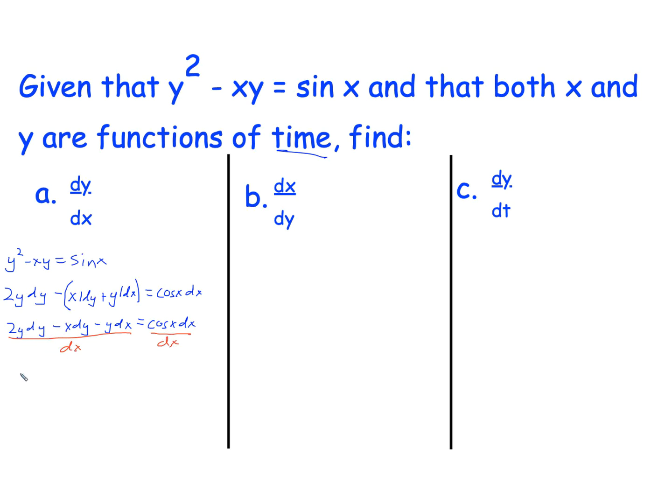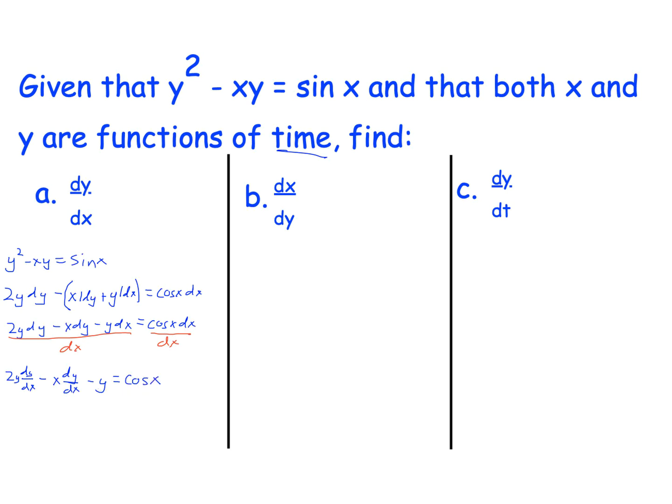So we have 2y dy/dx minus x dy/dx plus y, or minus y, because the dx's would cancel. So dx over dx equals cosine x, because the dx's cancel.